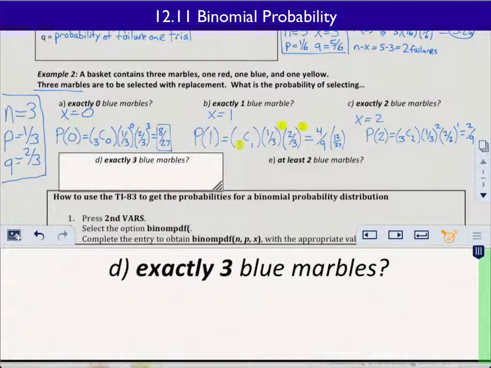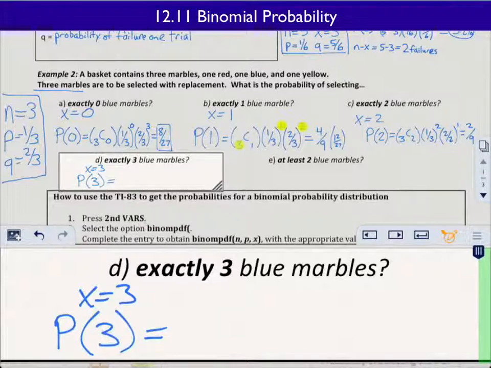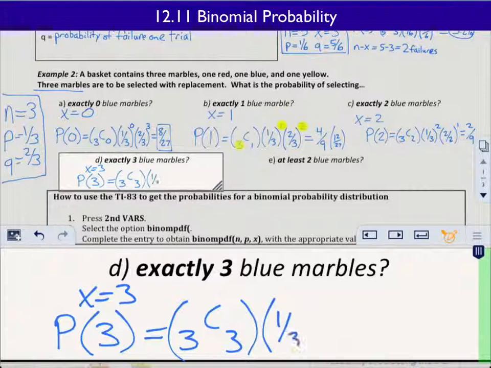And finally, exactly 3 blue marbles. So here x is going to equal 3. So the probability of getting 3 blue marbles in 3 tries is 3c3 times the probability of success to how many successes we want, all 3 of them, times the probability of failure and how many failures we want.